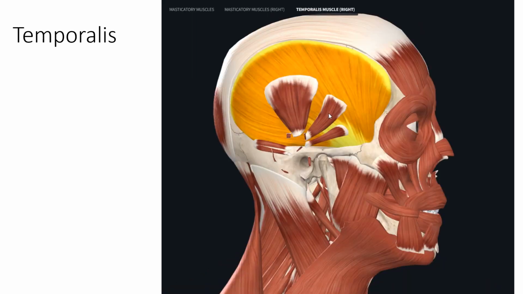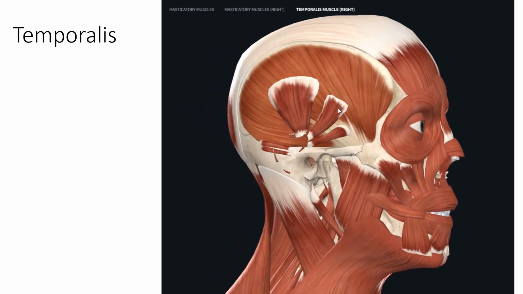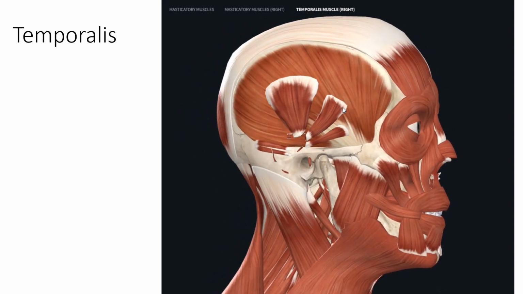We now have the temporalis muscle. This muscle is going to insert on the mandible, and it's going to originate on, you guessed it, the temporal bone. It is going to be important in closing the jaw and elevating and retracting the mandible.